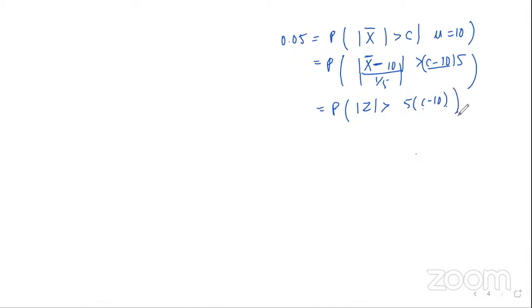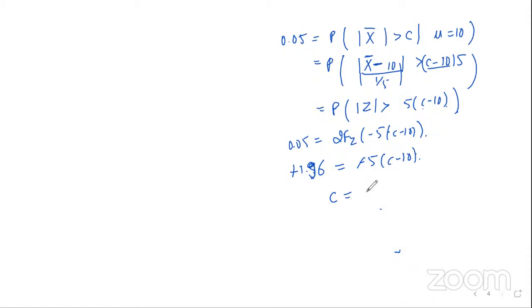And this becomes FZ of minus 5 times C minus 10, and this is 0.05. It becomes minus 1.96, so minus 5 times C minus 10. From there you get C to be equal to 1.96 divided by 5 plus 10.